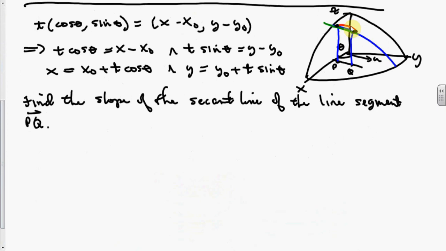Because eventually I want to find what? The slope of the tangent. Thus, that'll give me the derivative that I'm looking for. So I take the slope of the secant, then I take its limit. We get the derivative. So here, we find the slope of the secant line.